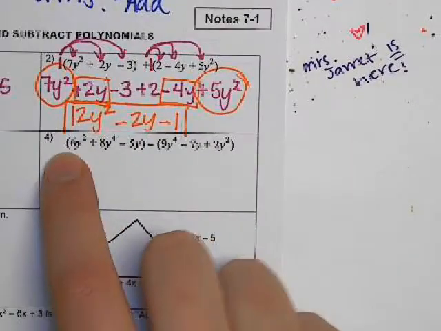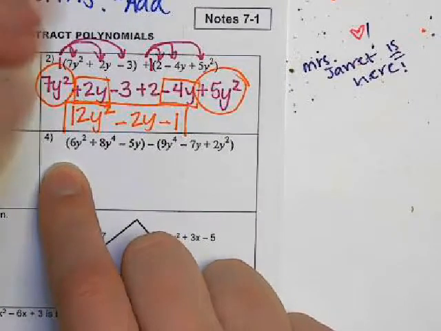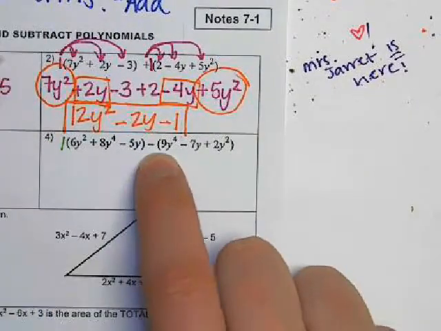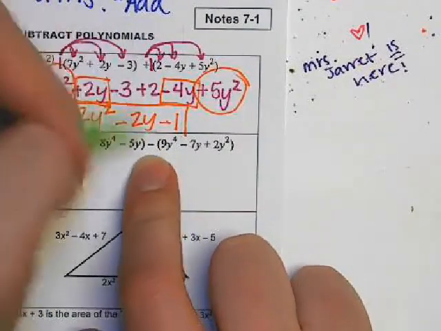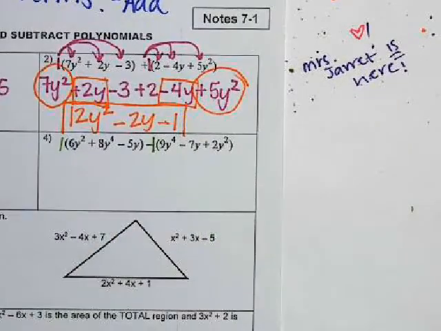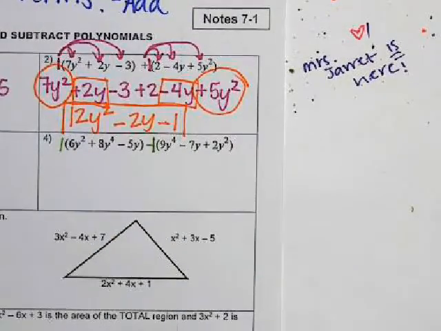Okay, number 4. What am I going to distribute first on number 4? A 1. What am I going to distribute on the second set of parentheses? Negative 1. Okay, you do it. No, not right now. You haven't done anything that I've asked you to do.